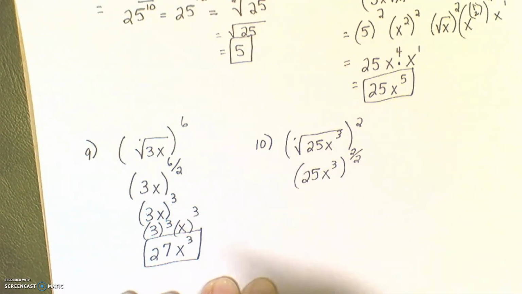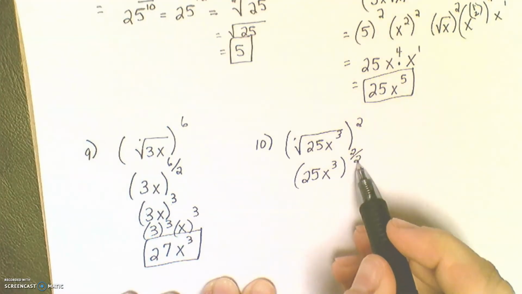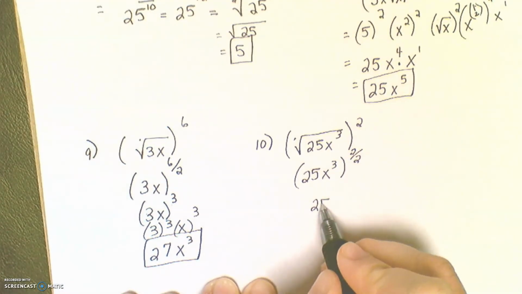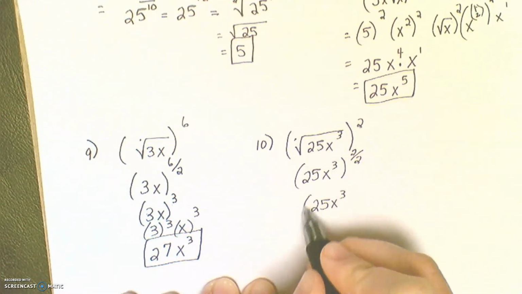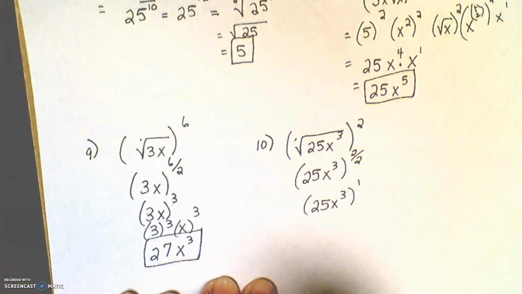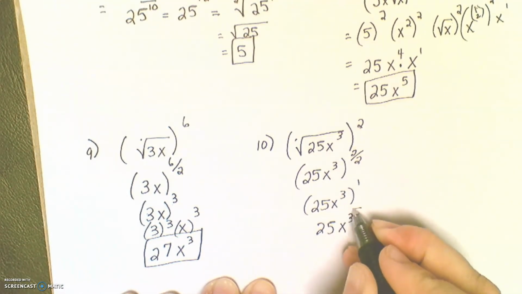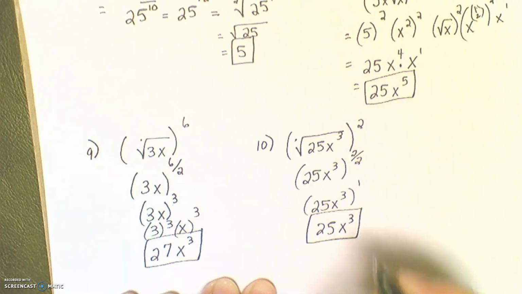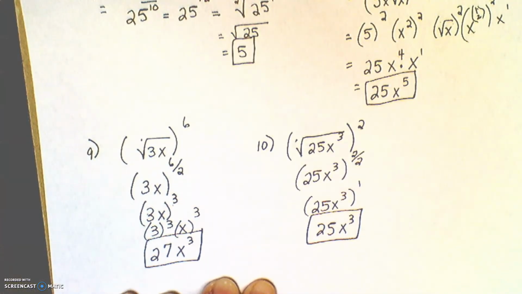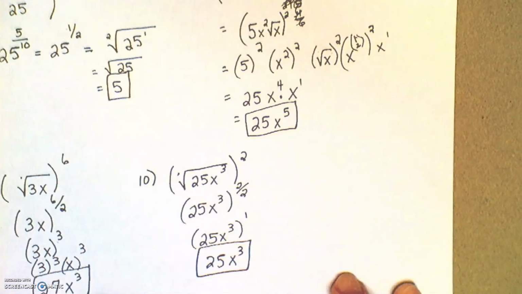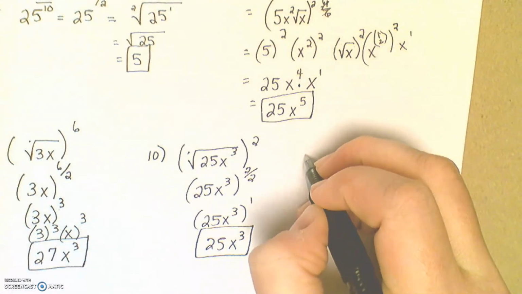Index is 2. 2 divided by 2 is 1, so 25x to the 3rd to the first is just 25x to the third. Number 11.